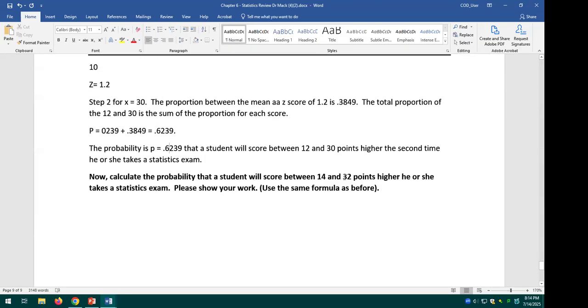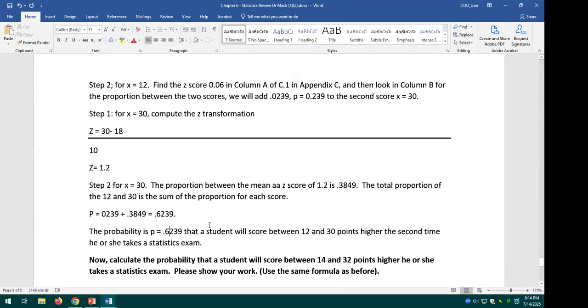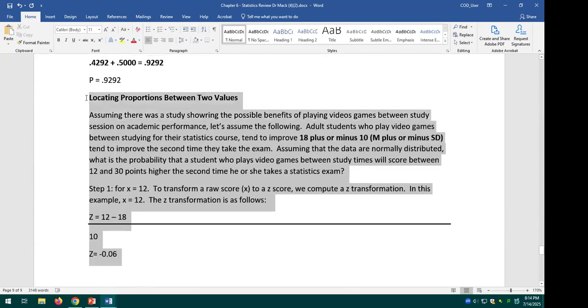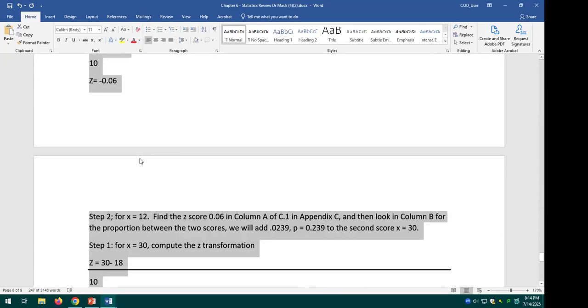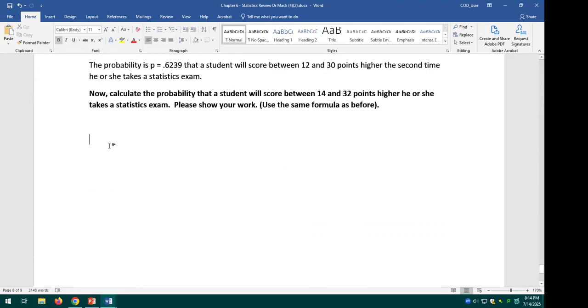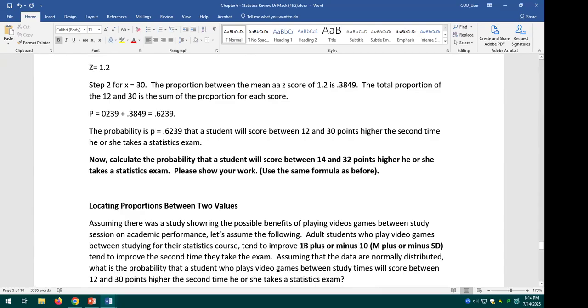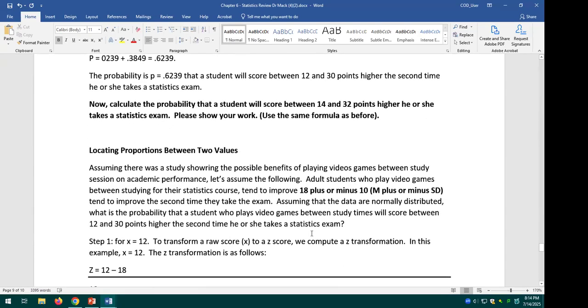So our last one is between 14 and 32 points higher. We can literally just take this and plug in the right information and it will still work. So we're going to assume that this is the same, our mean, and then we want to go between 14 and 32 points higher.